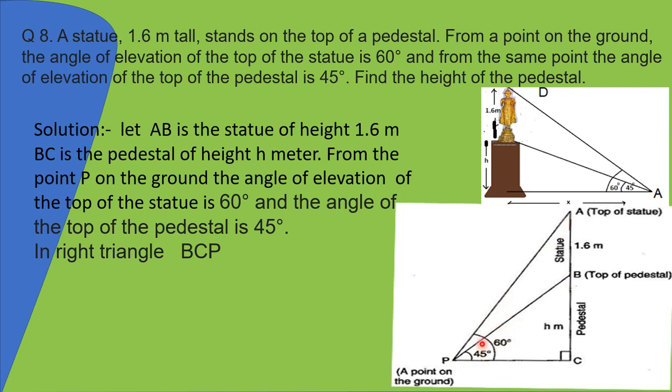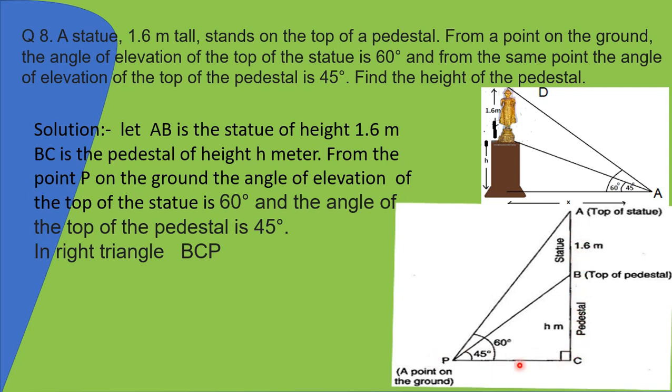Now both the angles are here at the same point P, but for different objects. One object is the top of the pedestal and one object is the top of the statue. So here the height of the statue is given, and we have to find the height of the pedestal, again in the right angle triangle.